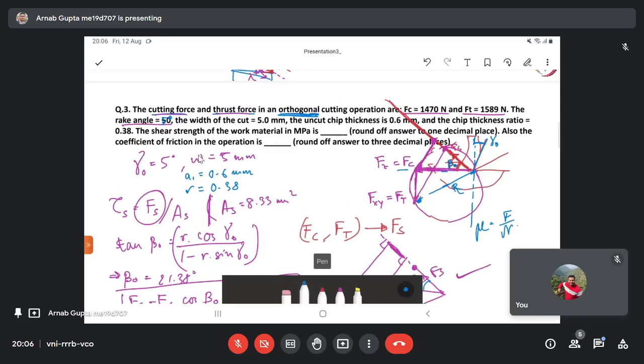So there are two most popular equations which relate these three angles. One is Lee-Shaffer's equation. So what is Lee-Shaffer's equation, and what is it based on? The other expression is Ernst and Merchant's equation.